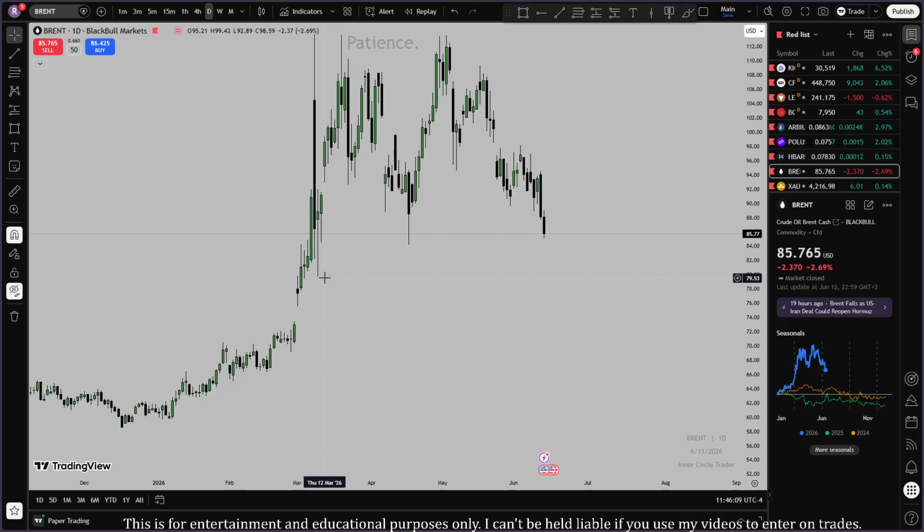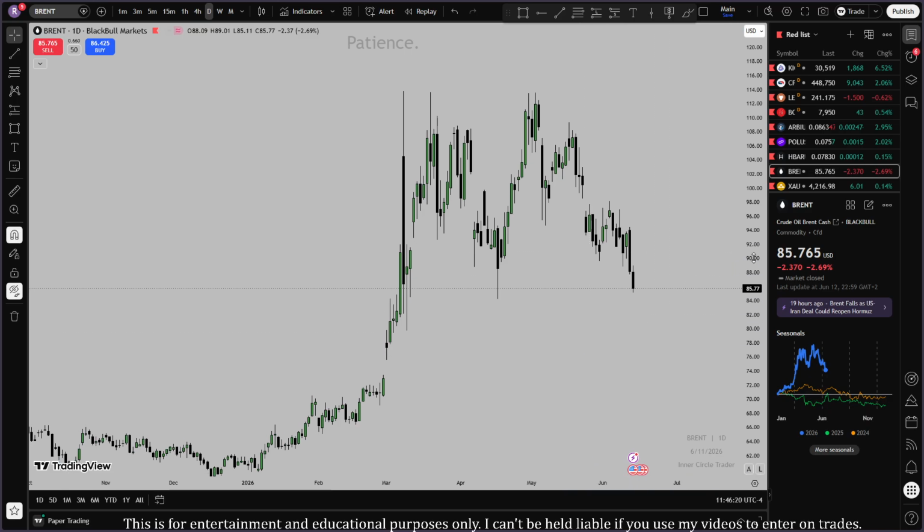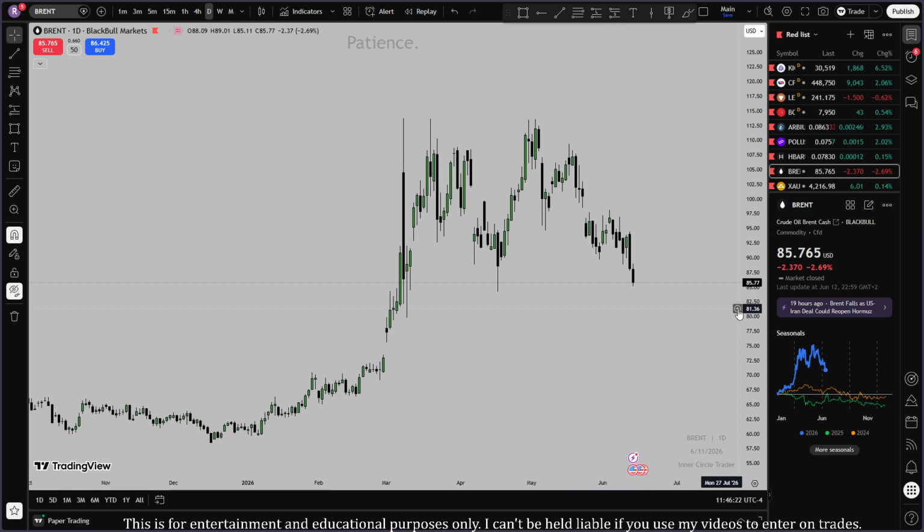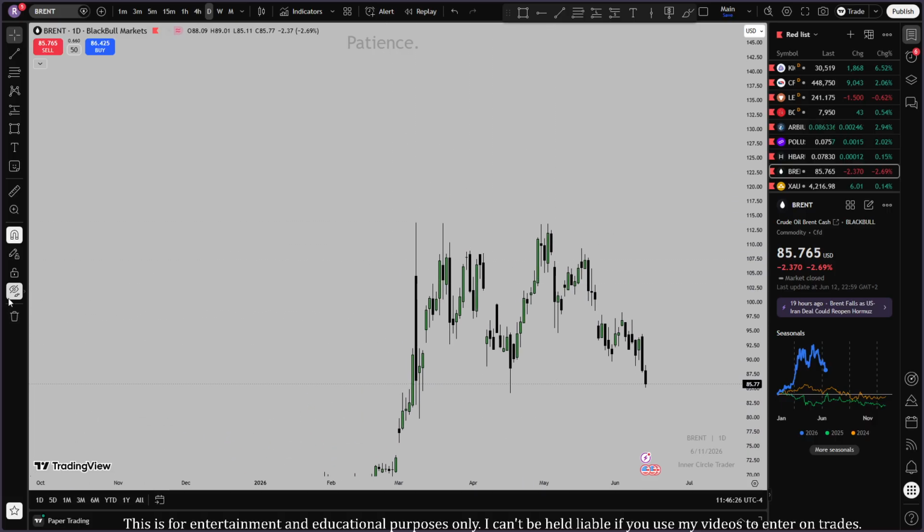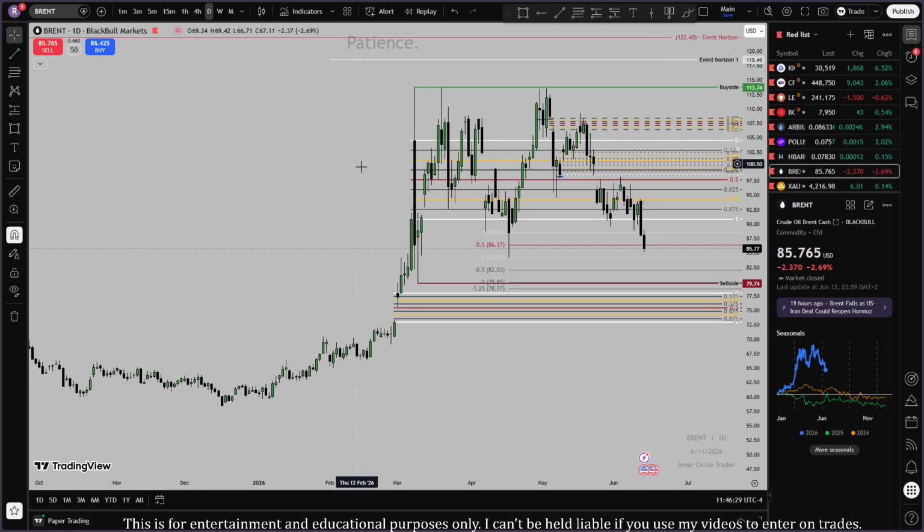It's just a better entry point for a buy in my books. We're gonna leave this gap most likely. We're not gonna touch it. We're gonna be too bullish on oil. And again, I'll reference back to this. It could come back down there, but I just feel like we can come here.